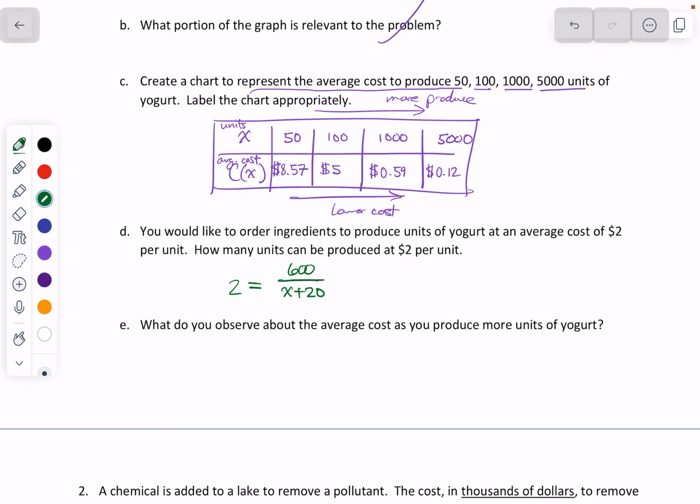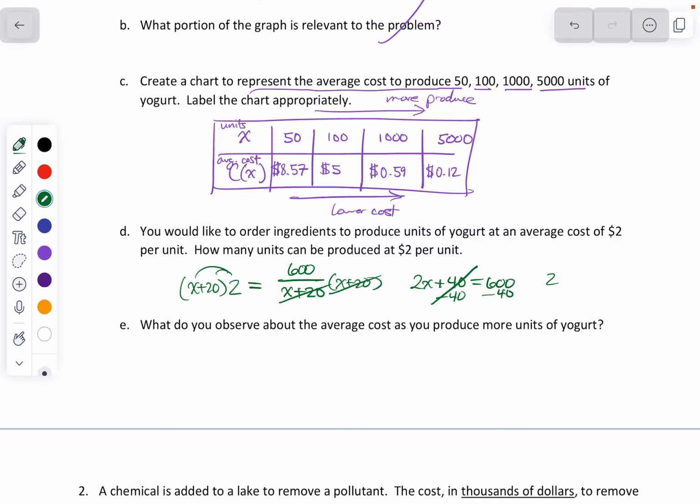All right, so multiply both sides by x plus 20. So those will cancel. Distribute the 2. 2x plus 40 equals 600. Subtract the 40.